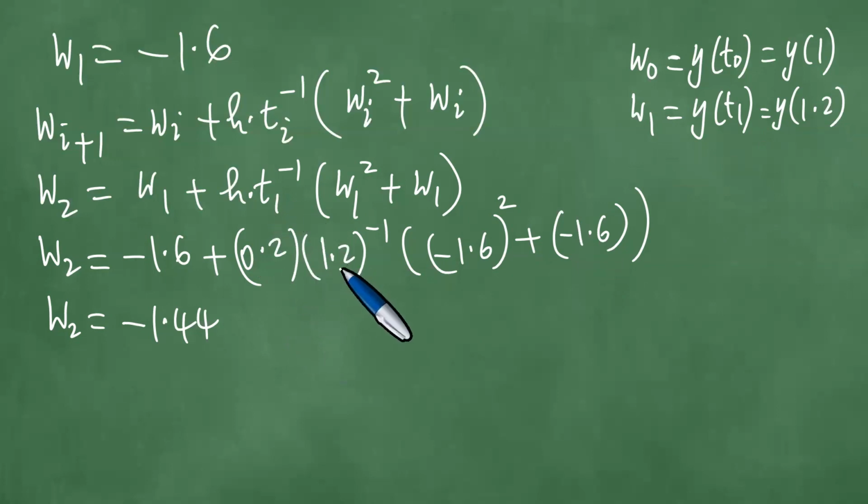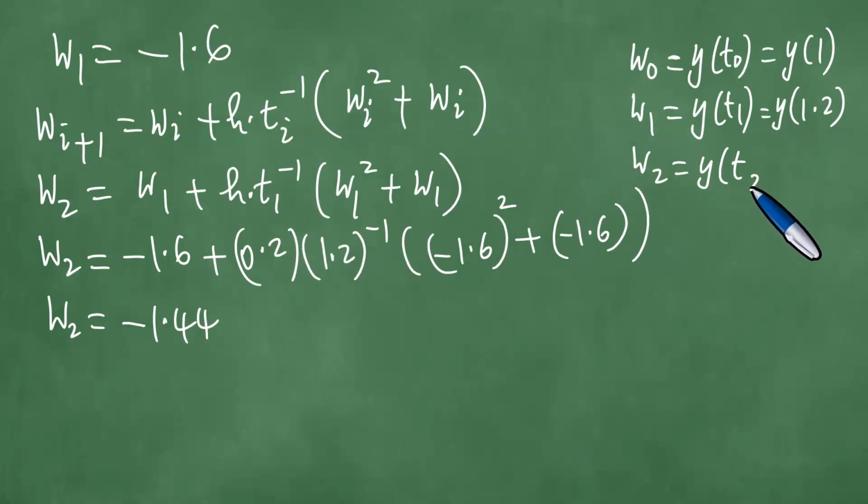We took T1 to be 1.2 here. Just one more. W2 is, I know this is boring sometimes, but it's easy to forget and not be used to the steps. It's very important to just practice going through the steps.